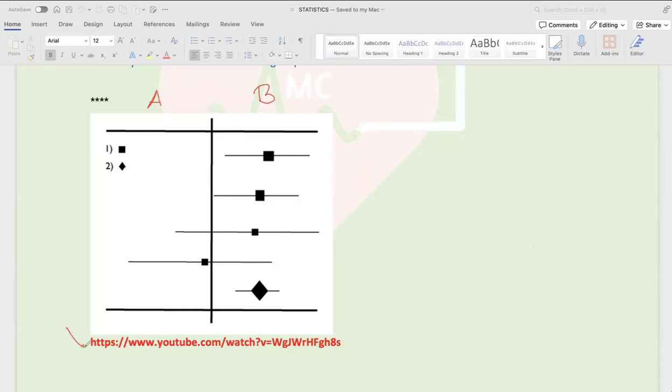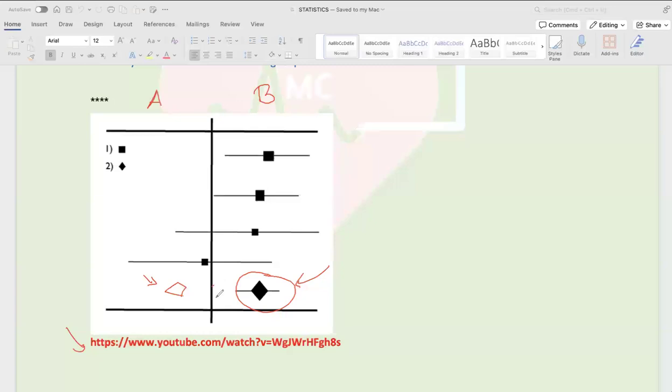There is a good YouTube video link here. You can read it in your own time, but you don't really need to look at anything except this diamond-shaped thing. If the diamond-shaped thing is on this side, then this side has the better efficacy. So wherever the diamond is, you can say that either B or A is effective.